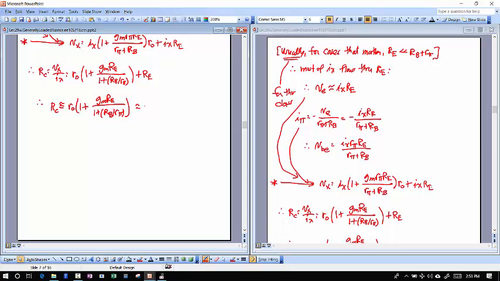And then even this, if I have the case where R pi is much greater than RB. So if I have a small RB, which often is the case, this then comes down to R naught times 1 plus the quantity GM times RE.